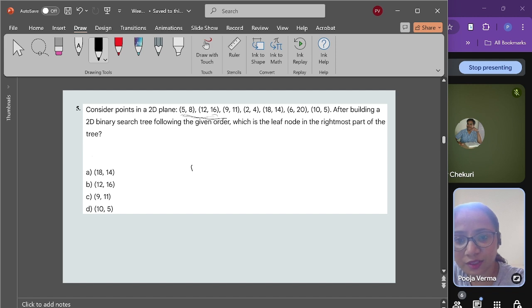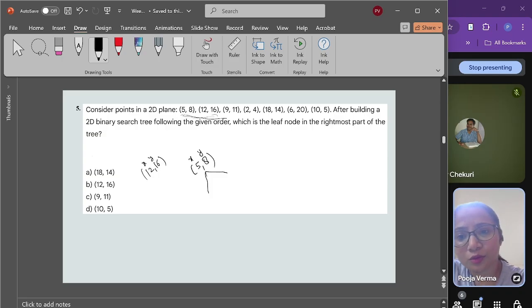Now we need to check the next point in the given order, which is 12, 16. It is the x coordinate and the y coordinate, always written as x and y. As I already told you, the root node splits based on the x coordinate, so first we will compare the x coordinate.